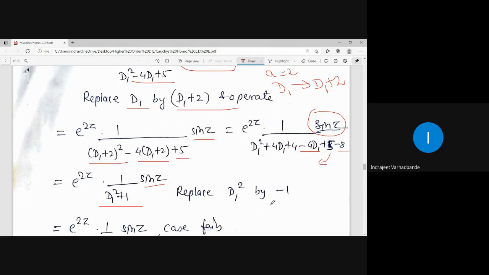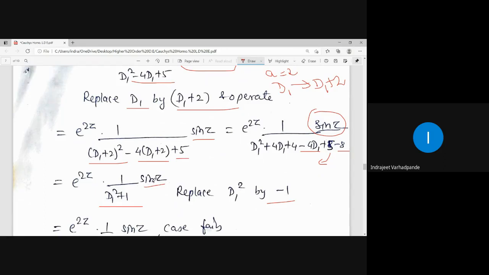Replace D1 square by minus 1. e to the power 2z into 1 upon D1 square plus 1 into sin z.